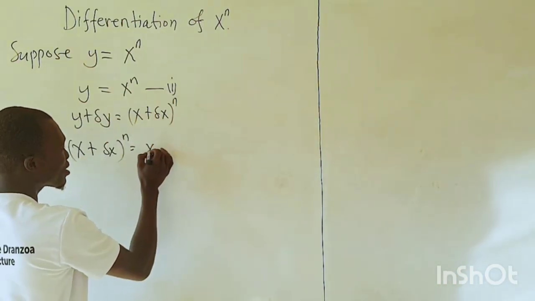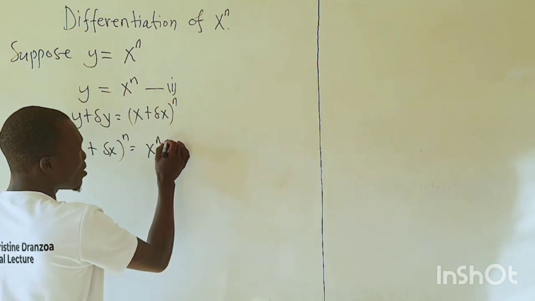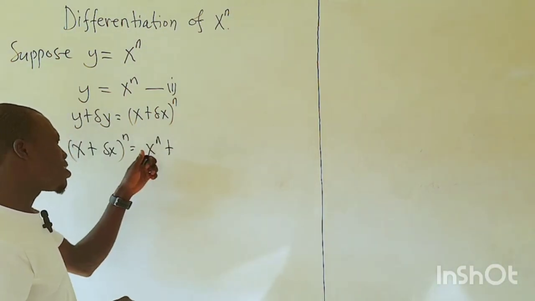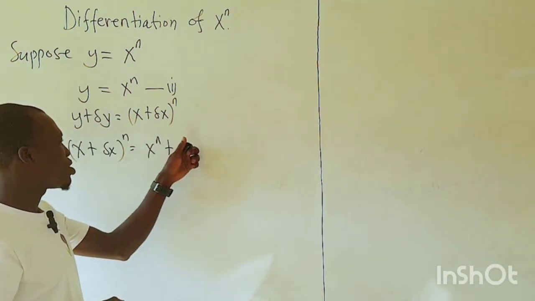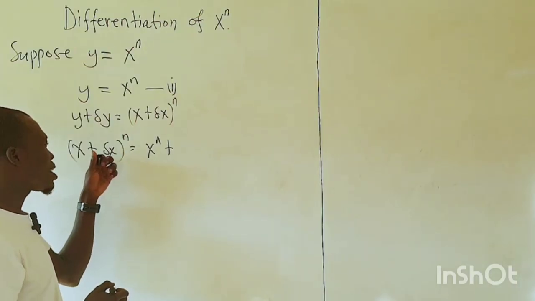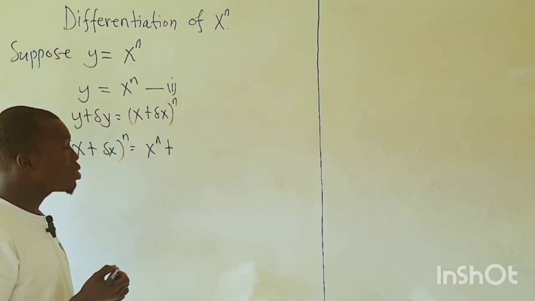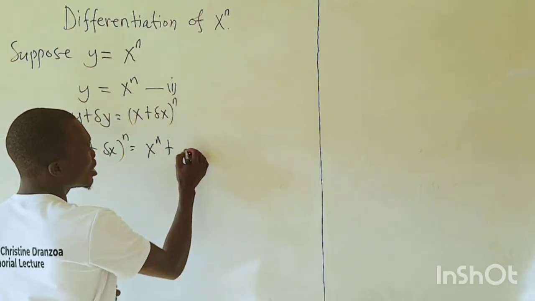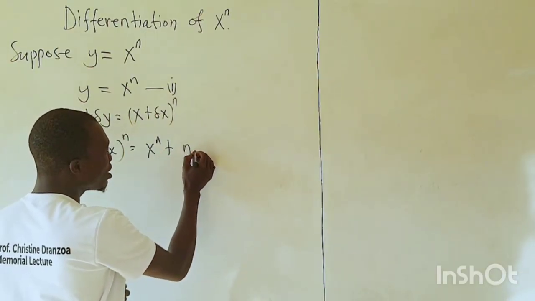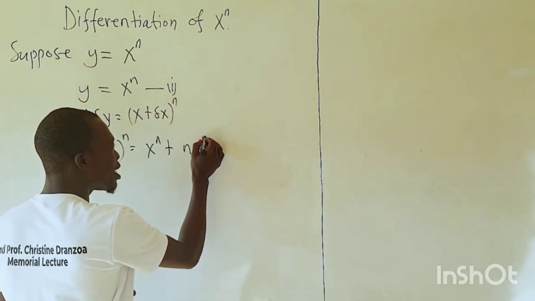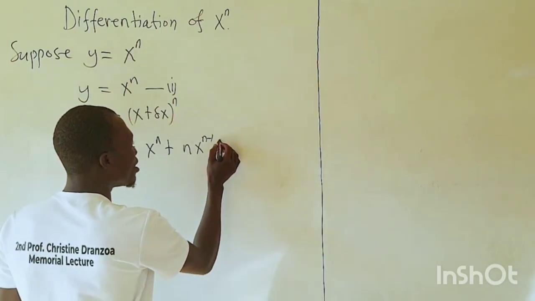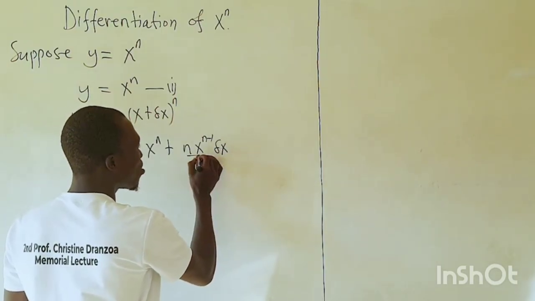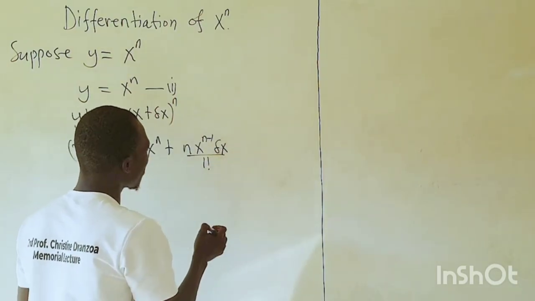So we shall have x power n, then plus this x, now the power will keep on reducing. Meanwhile, for the other term delta x, the power will keep on increasing. So the next term will be n x^(n-1) delta x over 1 factorial.